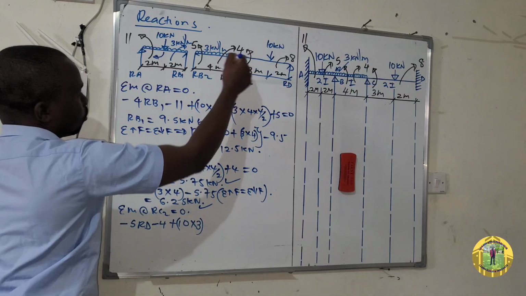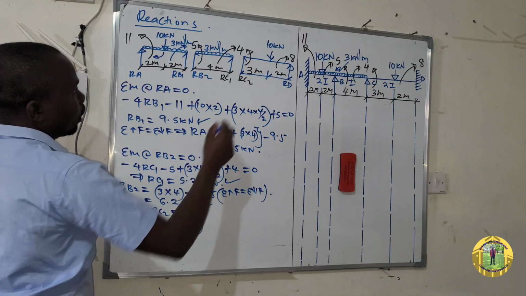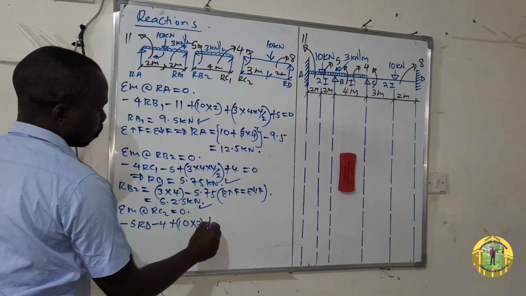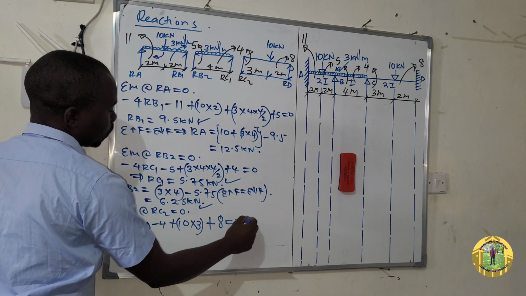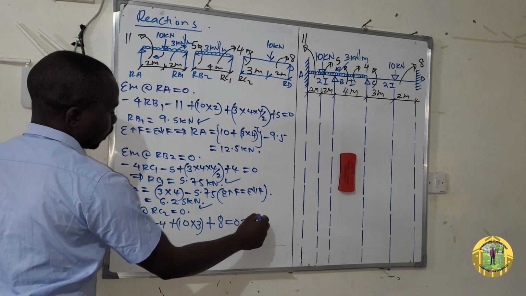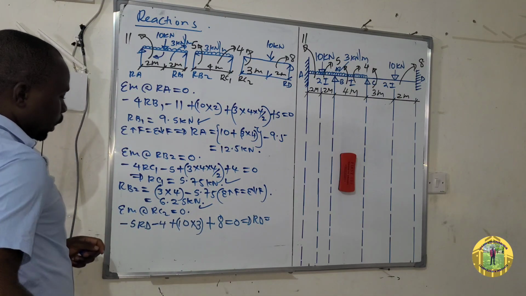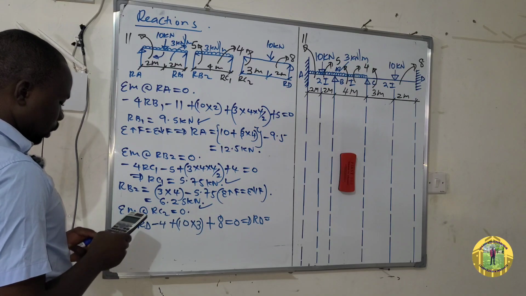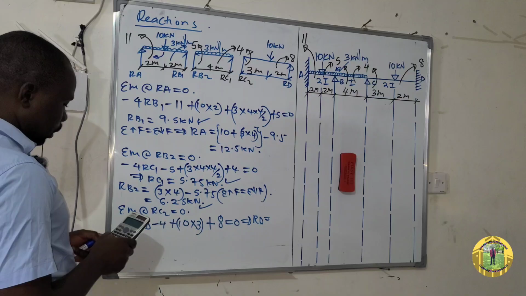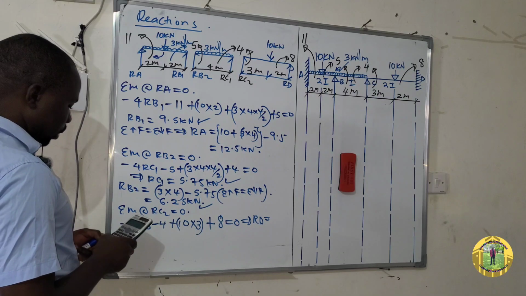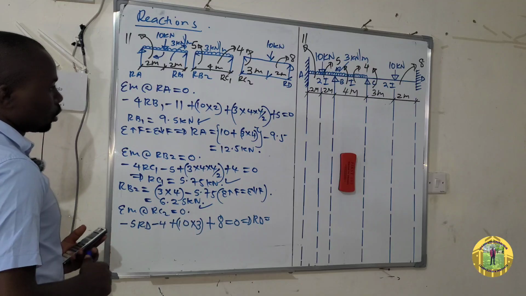So this point load is moving in clockwise direction, and then you come to 8, which is in clockwise direction also, is equal to 0, which implies RD is equal to, we carry out the operation, negative 4 plus 30 plus 8, divide everything by 5. So this is 6.8 kilonewton.